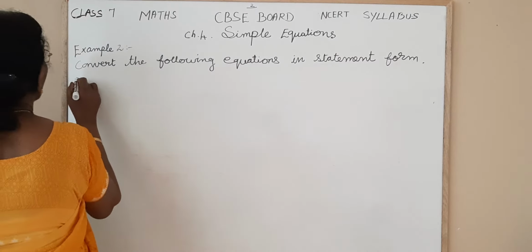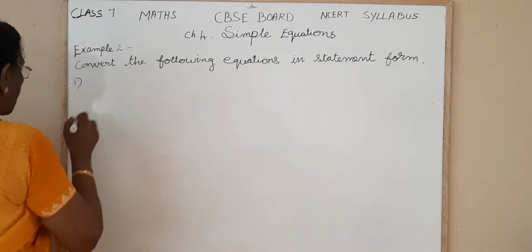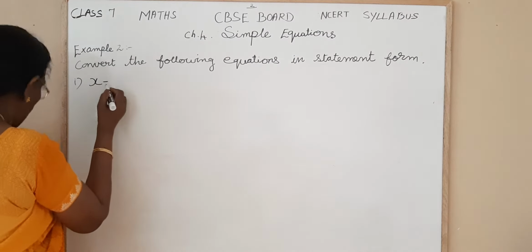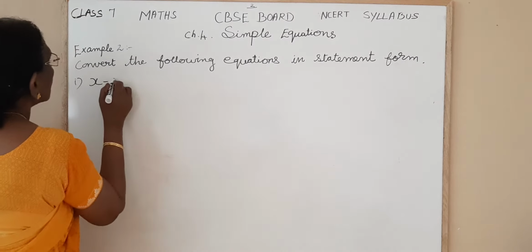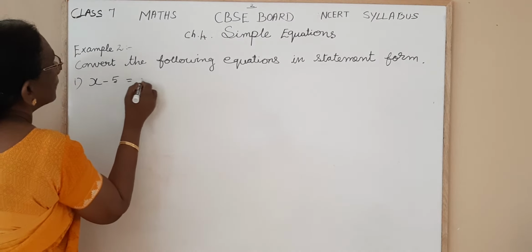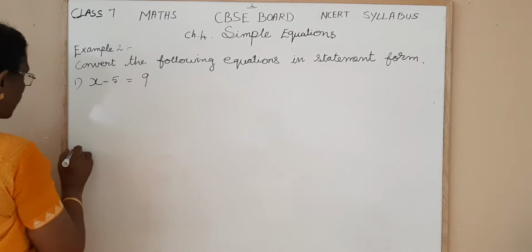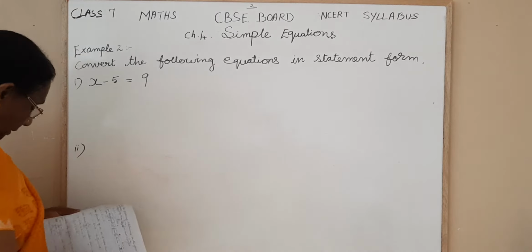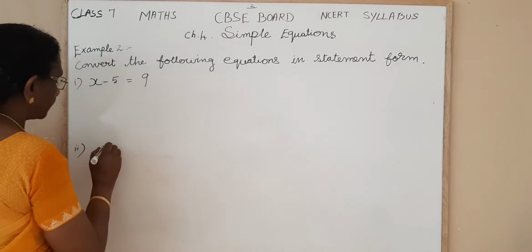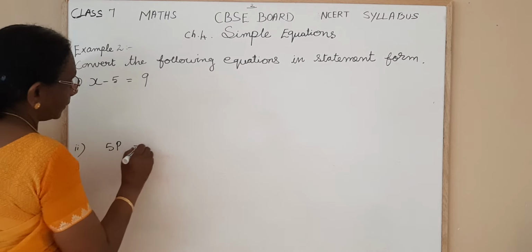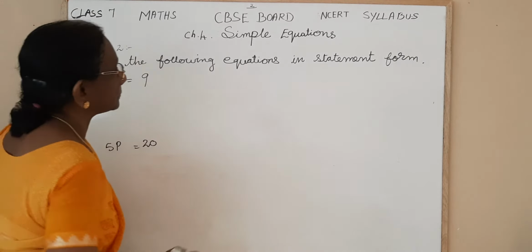The first question is x minus 5 equals 9. Second question is 5p equals 20.